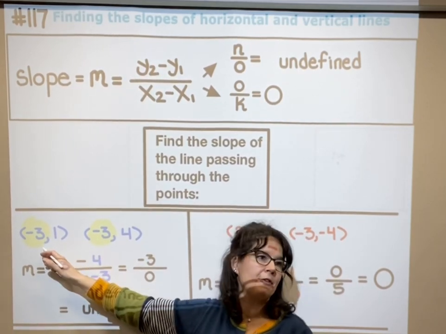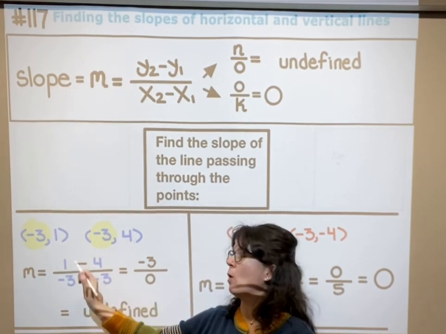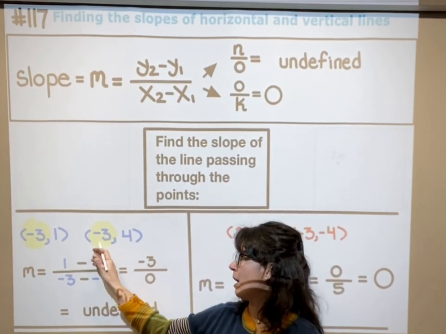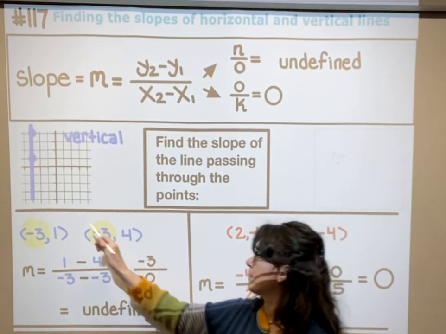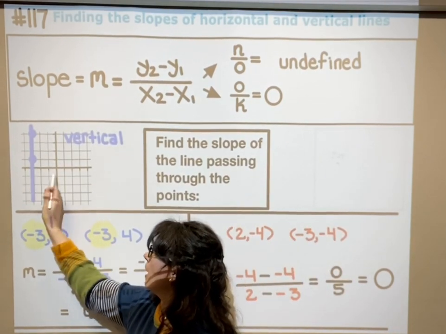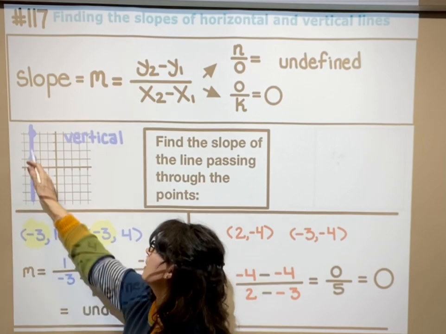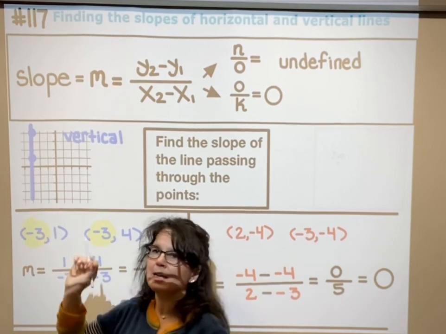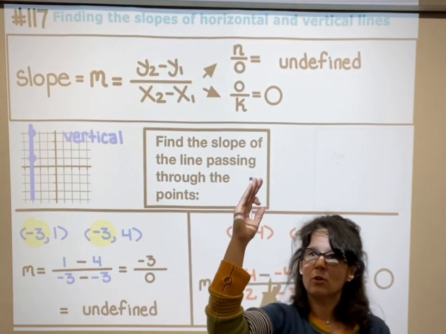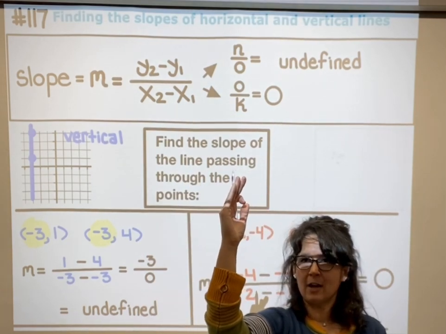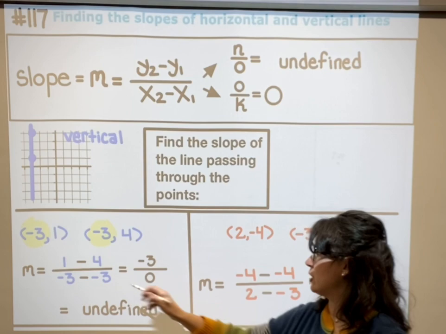So if I plot this point back 3 up 1, and I plot this point back 3 up 4, notice when I connect those dots, the line is a vertical line. And so the slope of a vertical line is undefined, and I never had to use the formula.